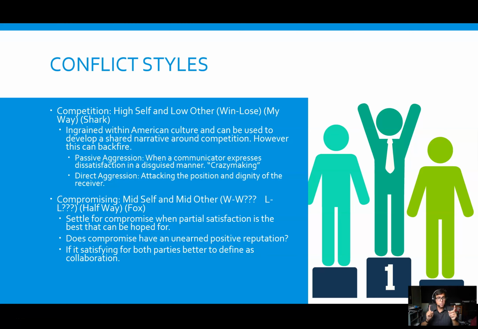There are two main types of competitive conflict styles. The first is passive aggression. This is where the communicator expresses dissatisfaction in a disguised manner. A good example of this, back to the dishes: let's say someone puts a note on them, could you please clean these up?